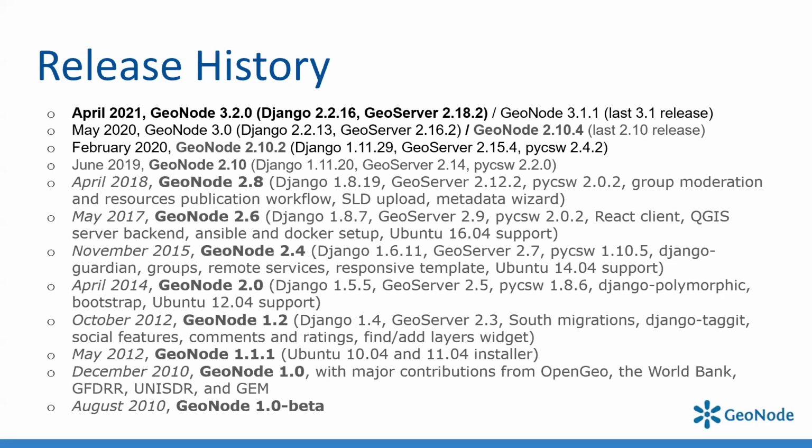Release history. This is a growing page that we update every time we create this presentation. The last official release was shipped in May 2020, and we will ship GeoNode 3.2.0 in April, so this month, along with the last version of the 3.1 train, which is the 3.1.1 version.